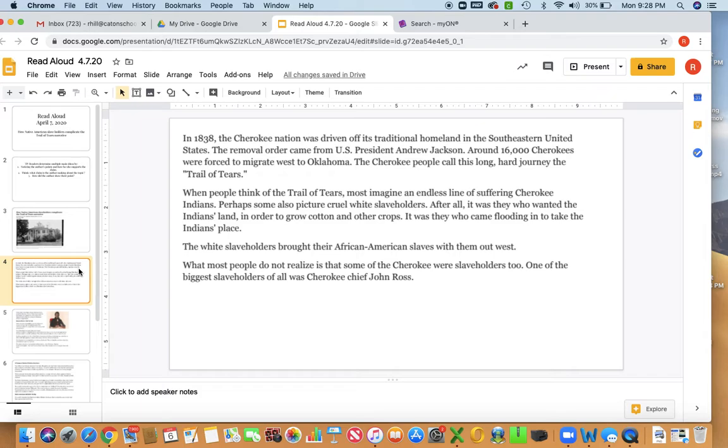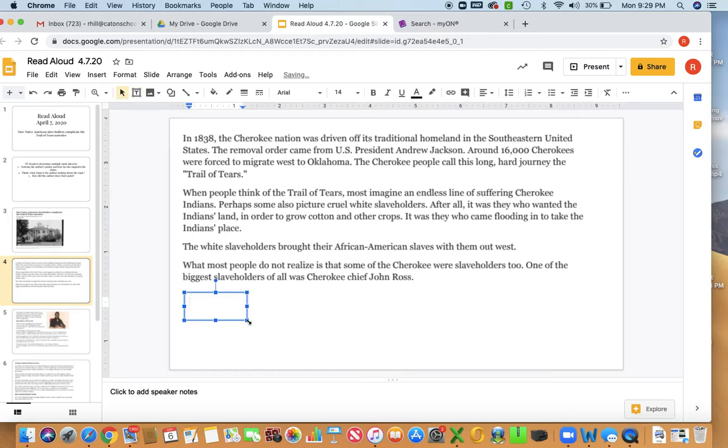In 1838, the Cherokee Nation was driven off its traditional homeland in the southeastern United States. Okay, and we know what that is called. That was the Indian Removal Act. So let's not forget about that. I could even jot that down right here.